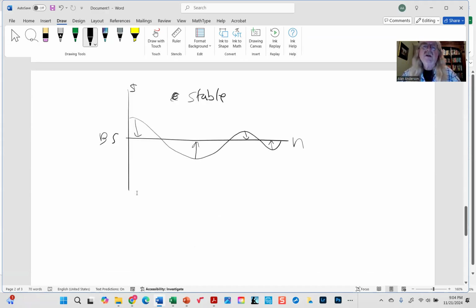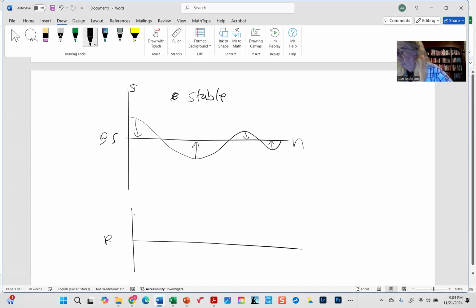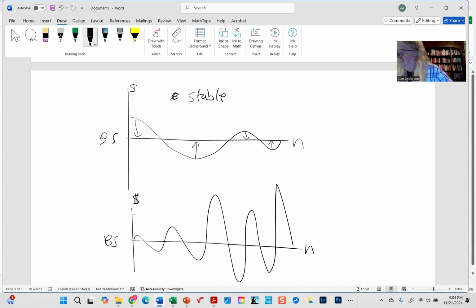Actually, let me show you what unstable would look like. Some nonsense like that. In other words, as n is increasing, the error can go up and it can go down.